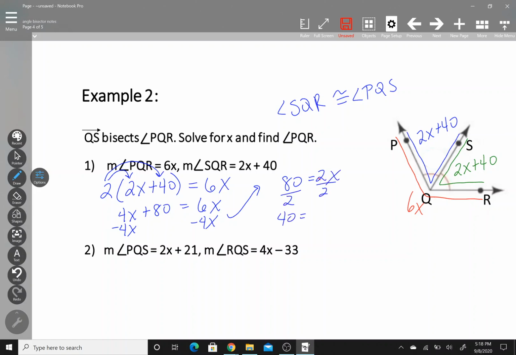So x is 40. And then to find angle PQR, it's 6x, so I do 6 times 40, which gives me 240. And that's angle PQR.